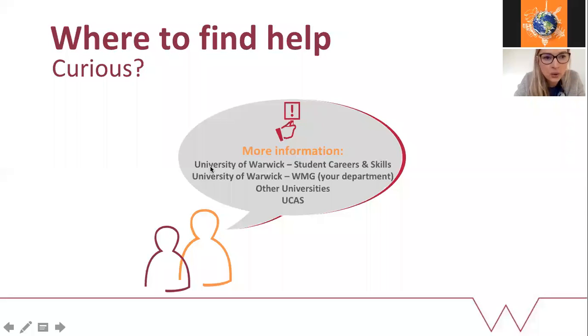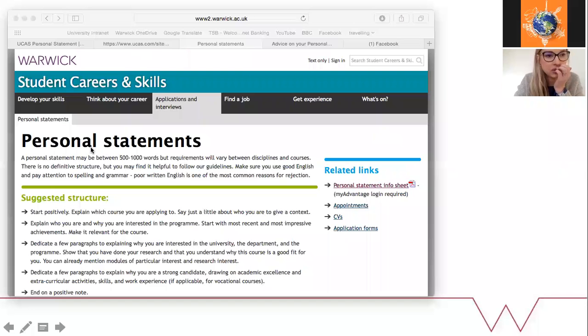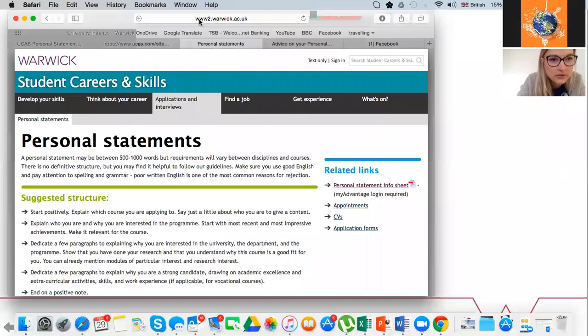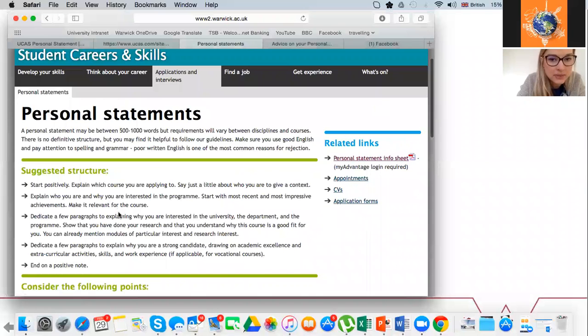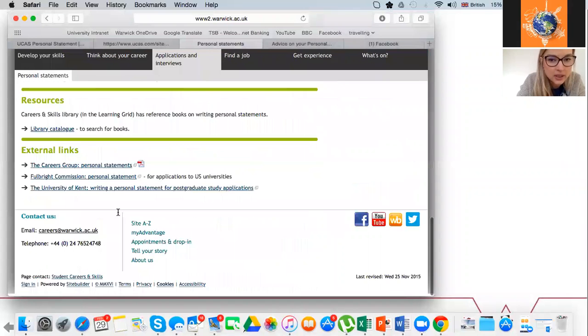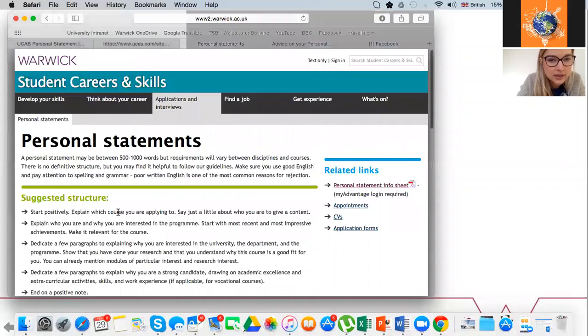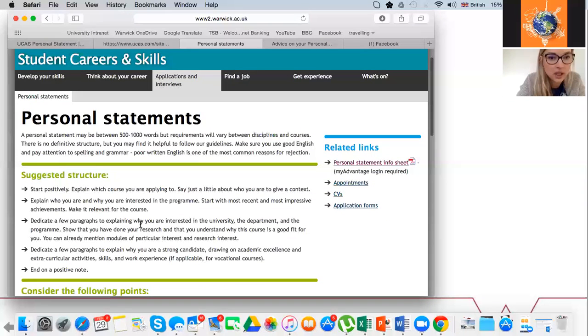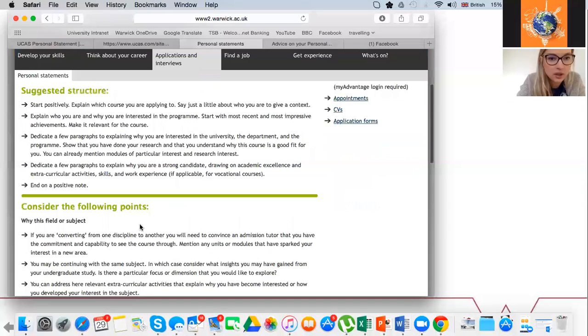On our University of Warwick website for student careers and skills, you go to careers and skills, and you will have some information on how to write a personal statement. These are your links. They will all be included in the presentation that Global Education will send you, so hopefully you'll get access to them.